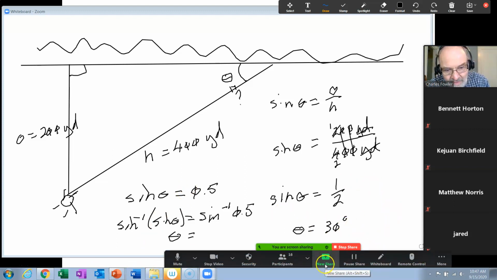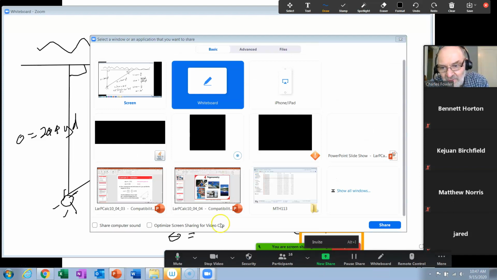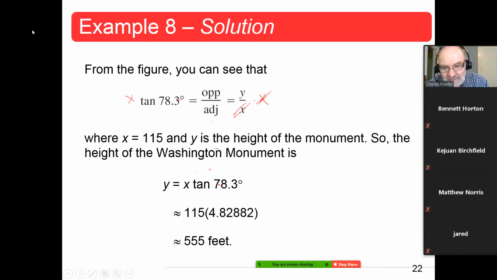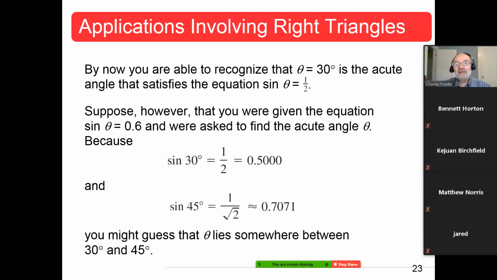Okay, let's go back to 4.3. We did the Washington Monument. After this it says, by now you're able to recognize, aren't you, that theta equal to 30 degrees is the acute angle that satisfies that equation, sine of 30 degrees. You better get to know them.